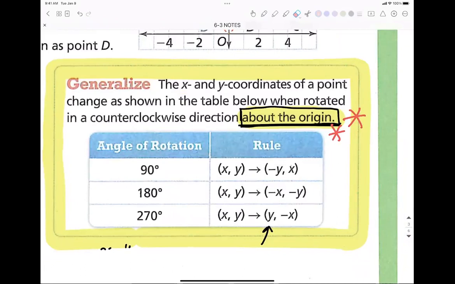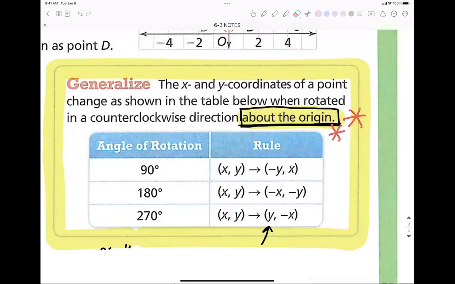Okay, I promise there's a method to my madness. I want you to highlight, underline, star, whatever it takes to bring attention to about the origin. This shortcut only works if it's rotating about the origin. If it's rotating about the center, or about point A or something like that, this doesn't work, okay?